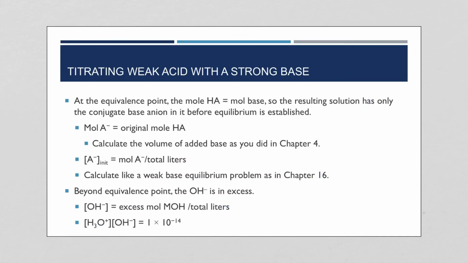Now, at the equivalence point, the moles of HA, the moles of acid, equal the moles of base, just like we saw in the strong acid, strong base. So the resulting solution is based on the concentration of the conjugate base, that is the only ion of our salt that will affect the pH.